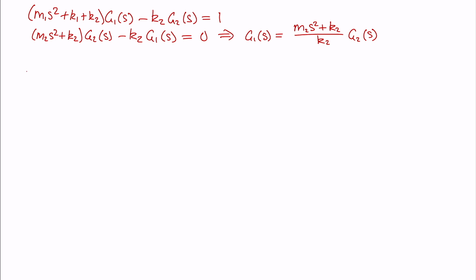We're going to get 1 over K2 times the quantity M1 S squared plus K1 plus K2 times M2 S squared plus K2 times G2 of S minus K2 times G2 of S, and that's equal to 1.